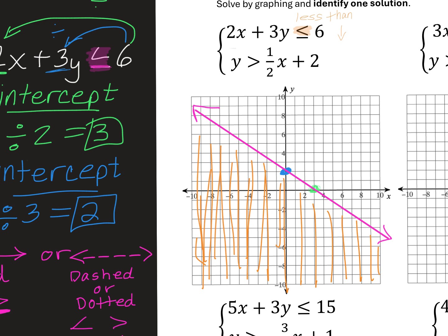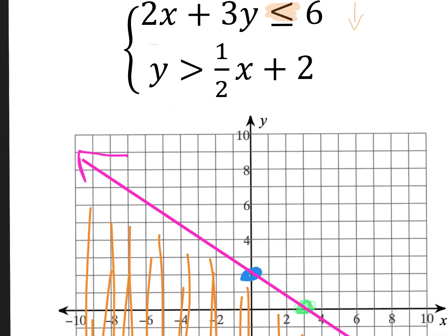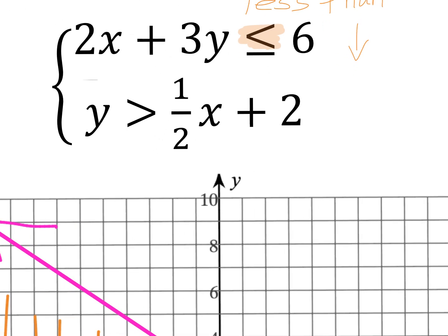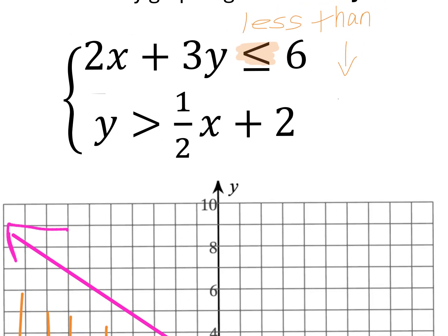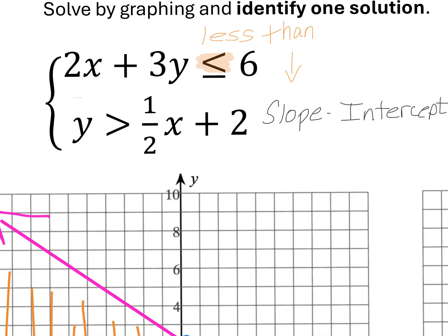Now I need to graph the second inequality. So this one is in slope-intercept form. It's not in standard form. Remember that slope-intercept is y equals mx plus b.